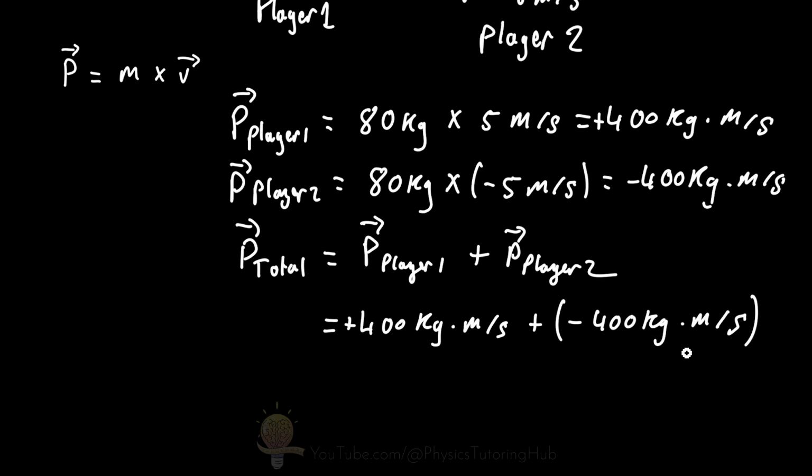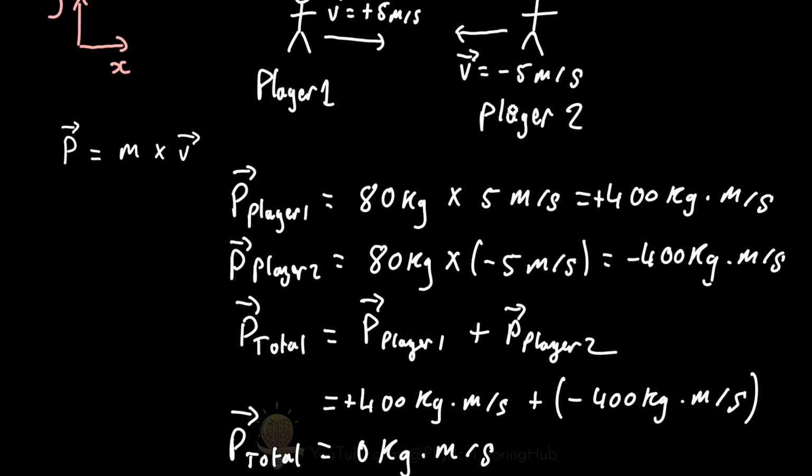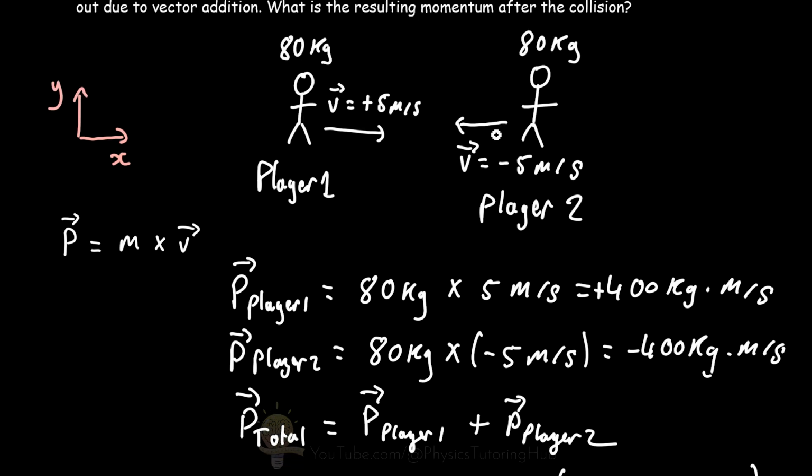When we add these together, we get a sum of 0 kilograms meters per second. This means that when the players collide, their momentum after the collision is 0. And because the momentum is 0, their velocity must also be 0.